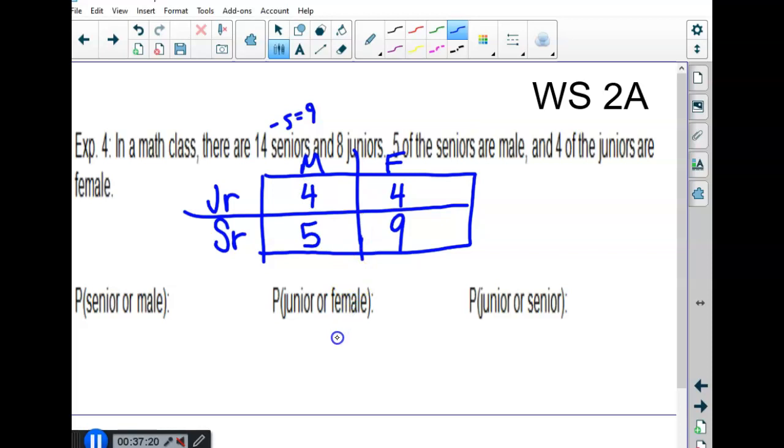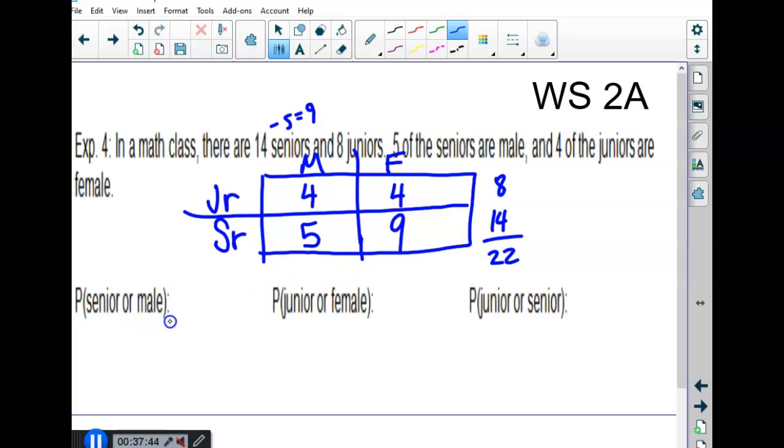In Delta Math, they gave you a table usually, okay? What's the probability we choose a senior or a male out of all of these students? So there's 8 total here, 14 total here, or 22 total. Did I add that right? Okay, so senior or a male.